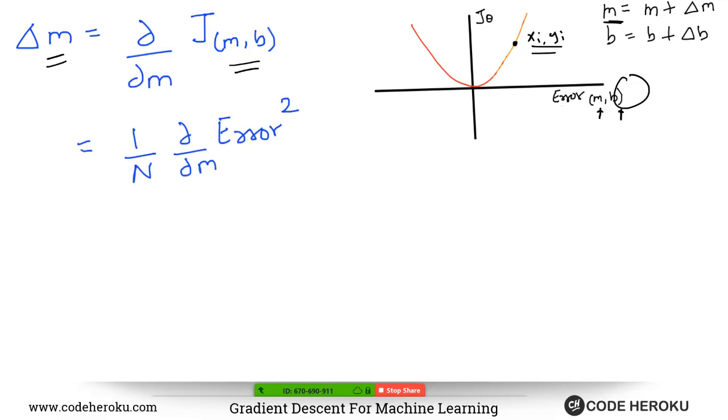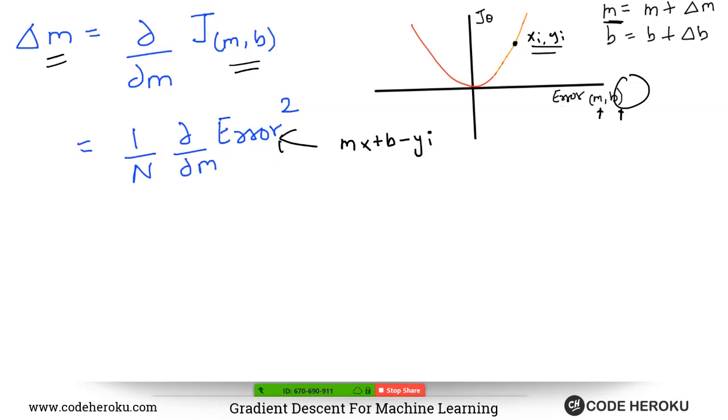Can you guys go ahead and solve this? Do we know what the formula for error is? I had said that keep that in the back of your mind. Whenever we have error, can we substitute that as mx plus b minus yi? Can we do that?